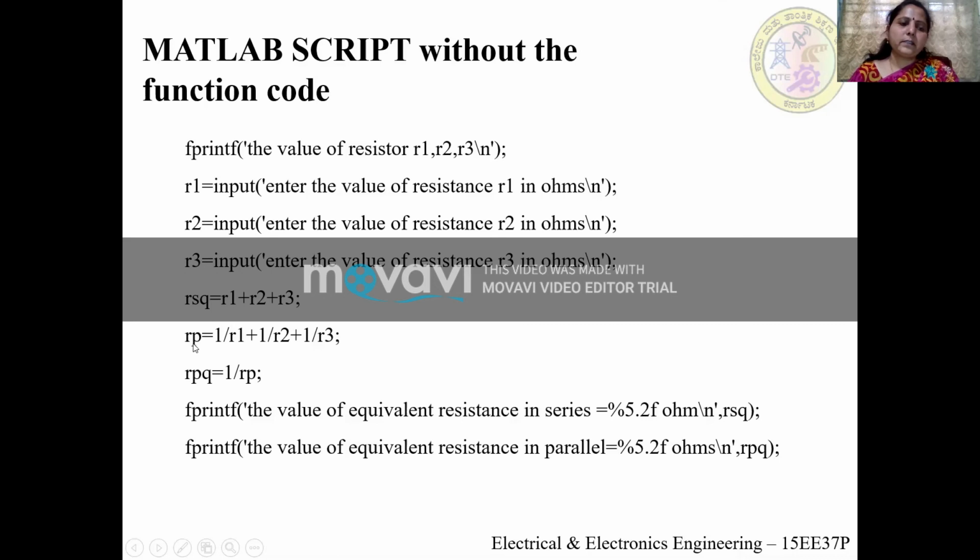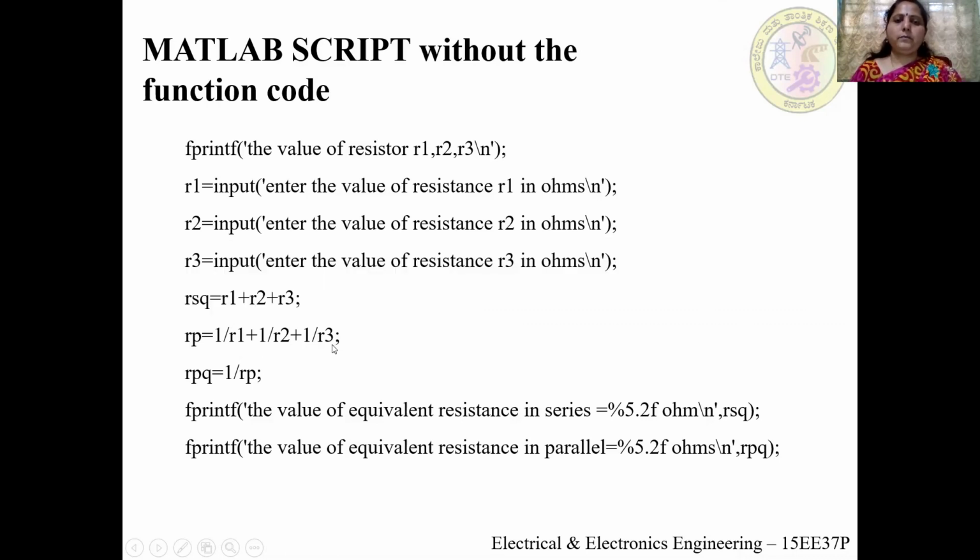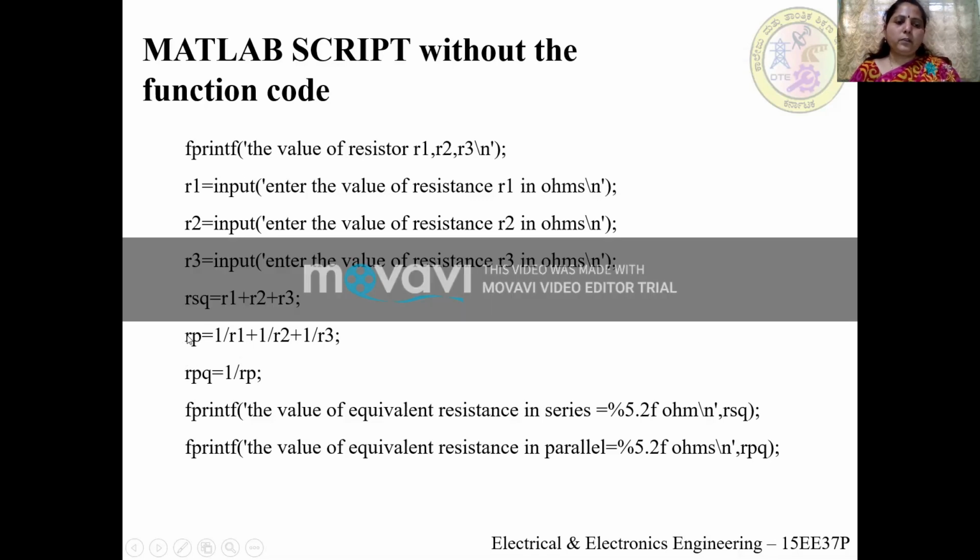Then in the next statement, I'm going to calculate 1 over R1 plus 1 over R2 plus 1 over R3. But this is not the actual value of the equivalent resistance when resistors are connected in parallel. I need to calculate the reciprocal of this RP.